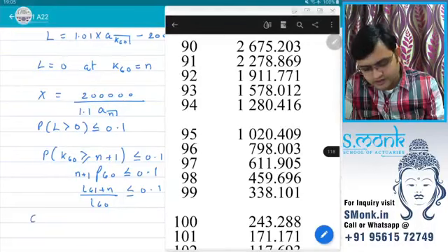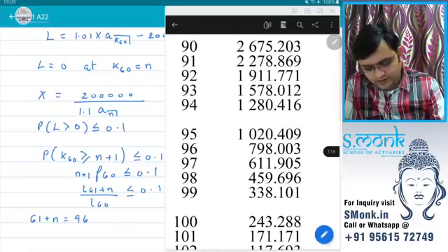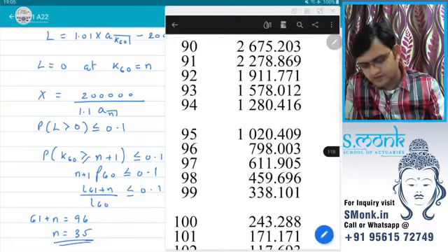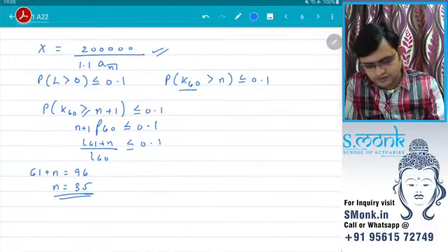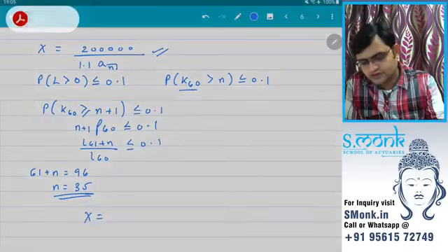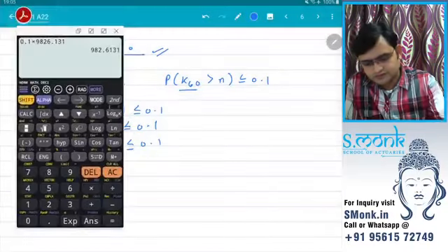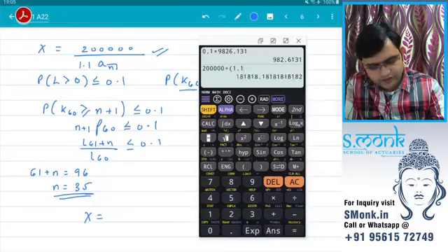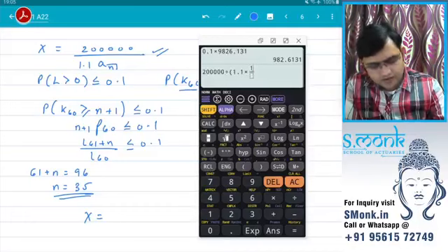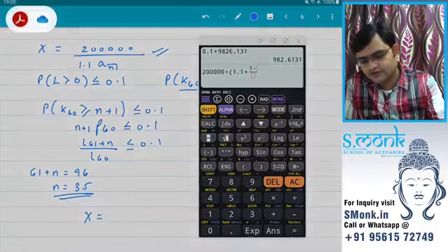So 61 plus n is equal to 96. Therefore n becomes 35. Now n is 35. After that we can easily find our x. So x equals 200,000 divided by 1.1 into 1 minus, how much was the rate of interest?